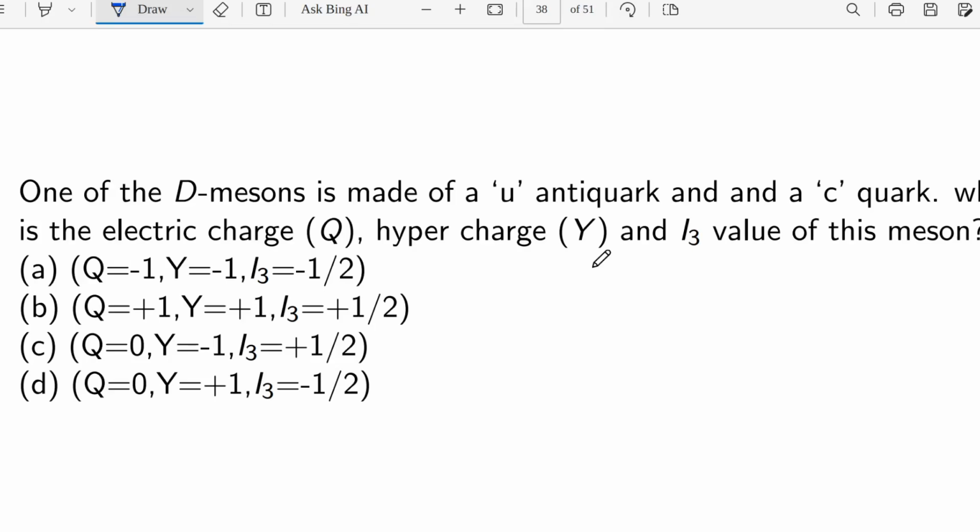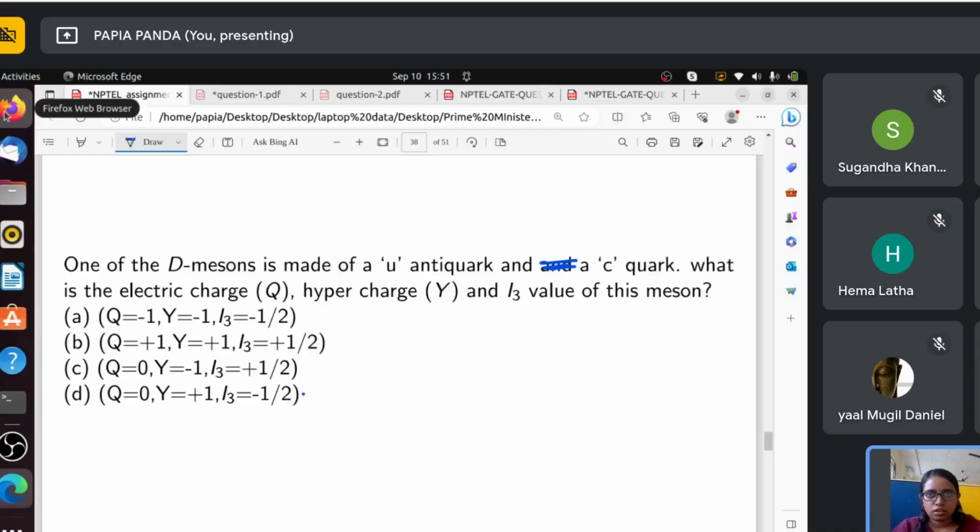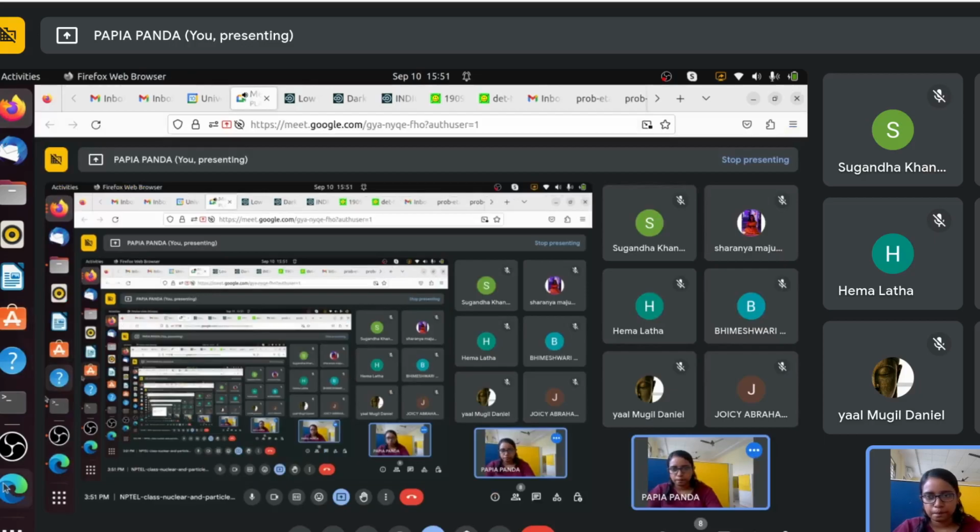In that question, one of the D mesons is made of a U antiquark and a C quark. What is the electric charge, hypercharge, and the I3 value of this meson?